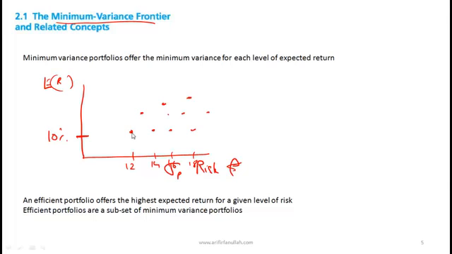So when you join these, what's special about these portfolios that I'm connecting? They are saying for a given level of risk, they are giving me the minimum variance. Is it possible that at a return of say 9%, I have a portfolio that gives me this level of risk?